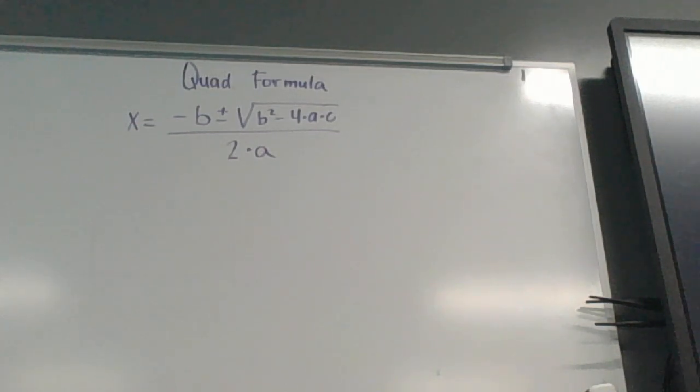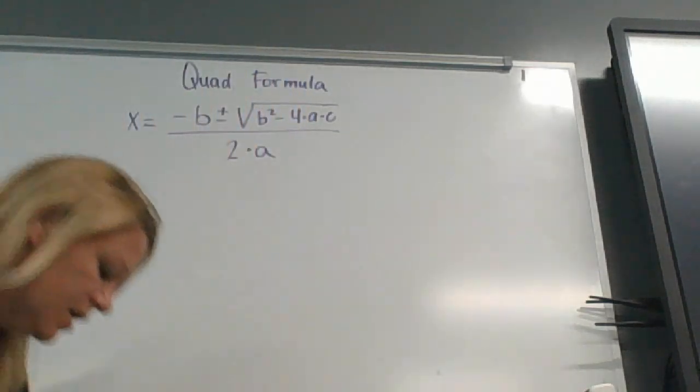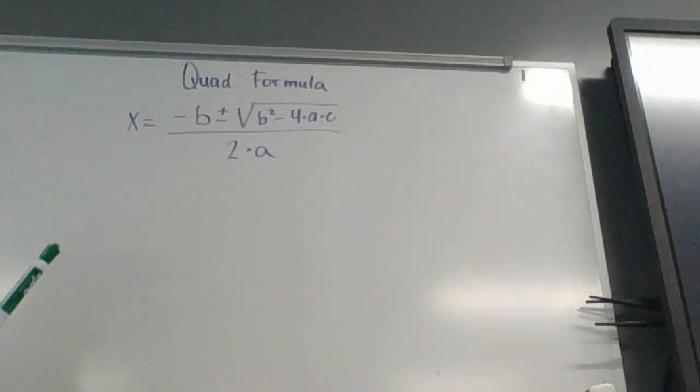Maybe they're real. Or maybe they're complex. What do you mean by complex? What type of numbers are included in a complex? 1 plus i, negative i plus 2. Imaginary numbers. So what part of this equation would tell us whether the quadratic has real or imaginary number solutions?